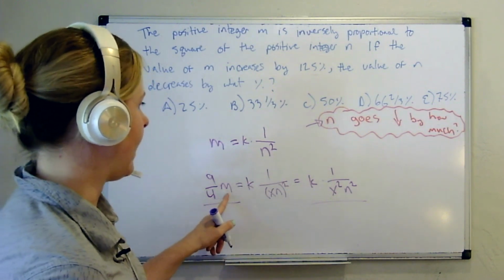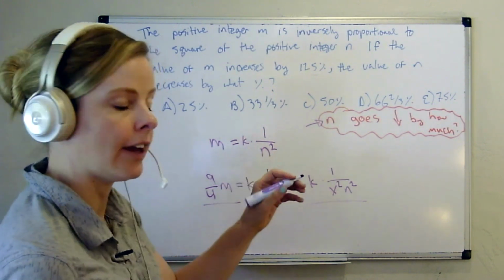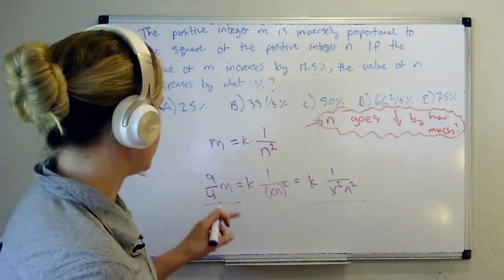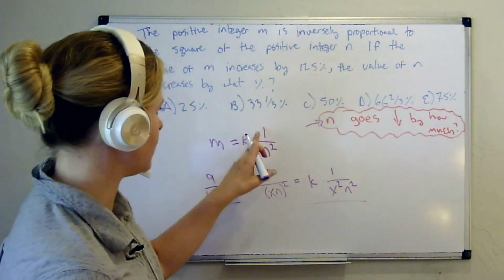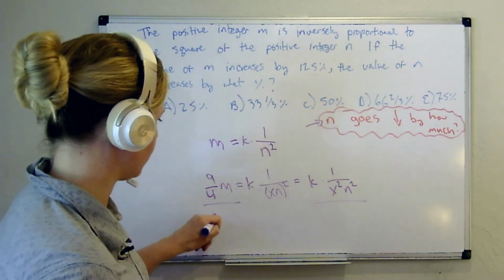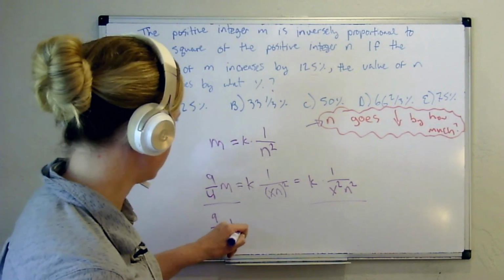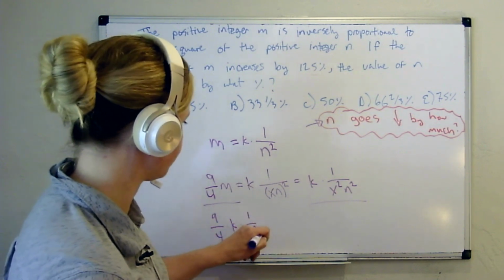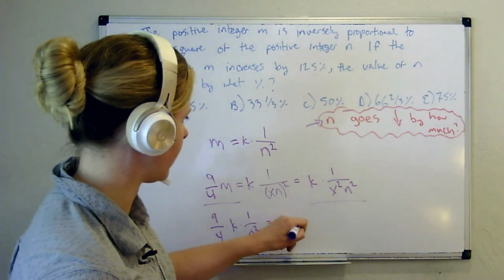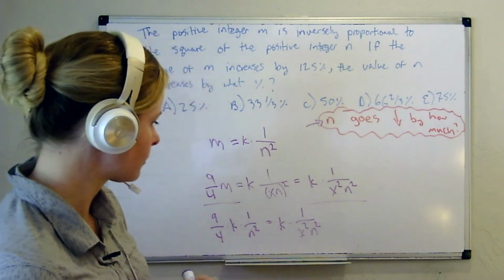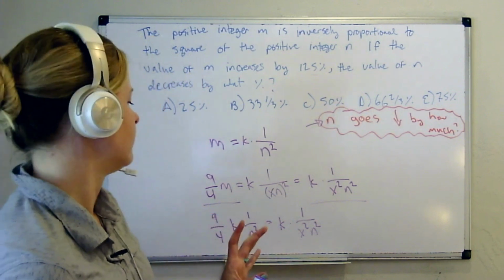Well, I can rewrite m in terms of some of this other stuff, and then I know that a bunch of things are going to cancel out, which is exactly what I want. So if m is k times 1 over n squared, then I'm just going to substitute that in. So 9/4 times k times 1 over n squared is equal to k times 1 over x squared times n squared.